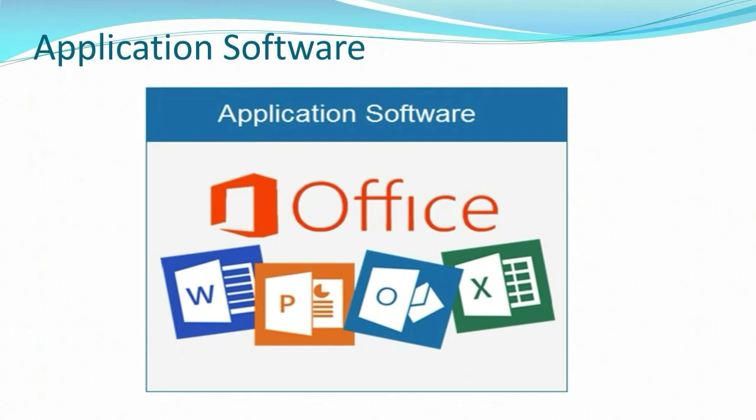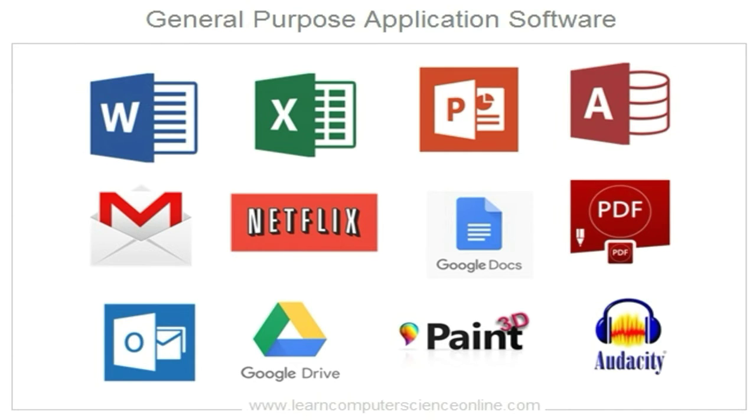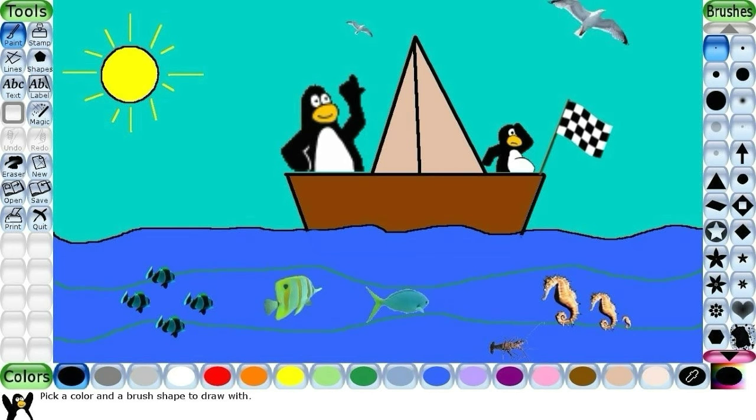Application software. Application software refers to those programs that allow us to do specific tasks. A computer can still work without application software. Examples of application softwares are MS Paint, Tux Paint, MS Word, Calculator, etc. MS Paint and Tux Paint are used to draw pictures.